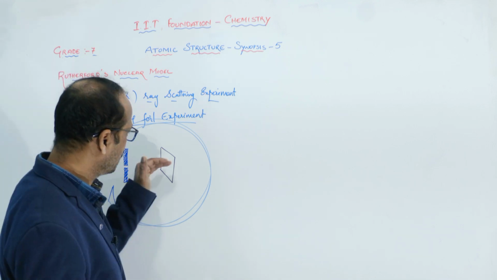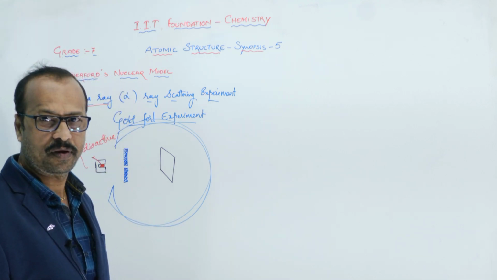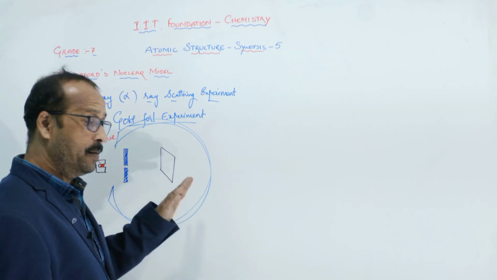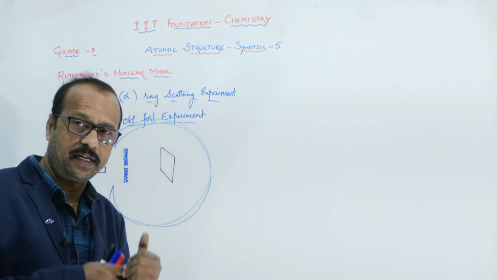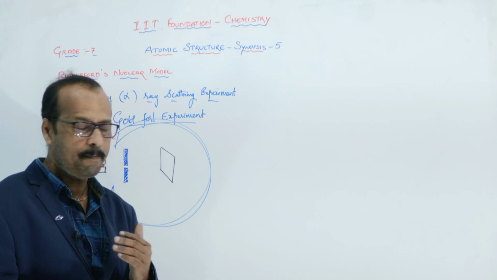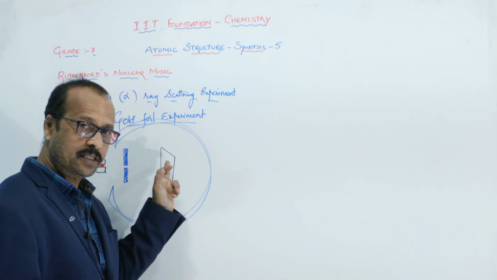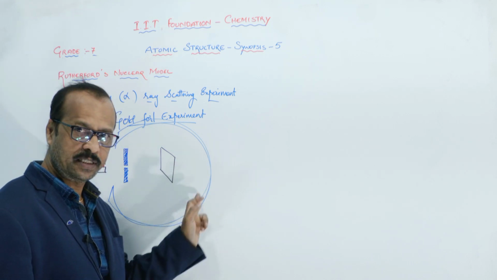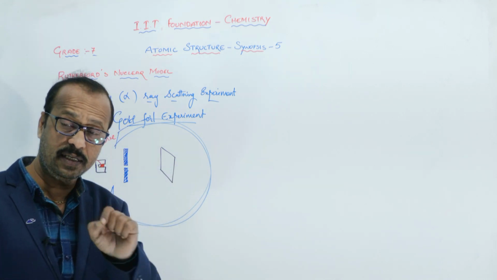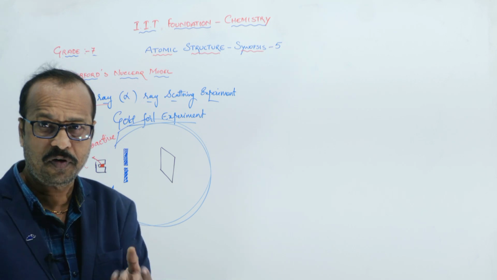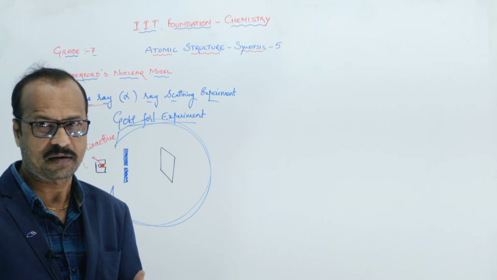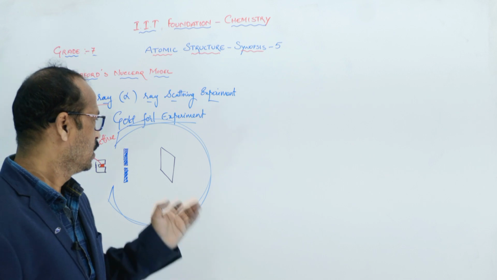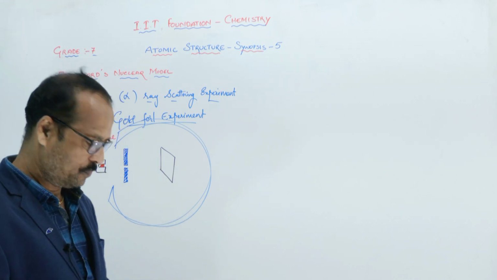If the particles penetrate, meaning pass through the material, through the gold foil, then they strike this screen. When they strike the screen, they form sparks on it, which are called scintillations.